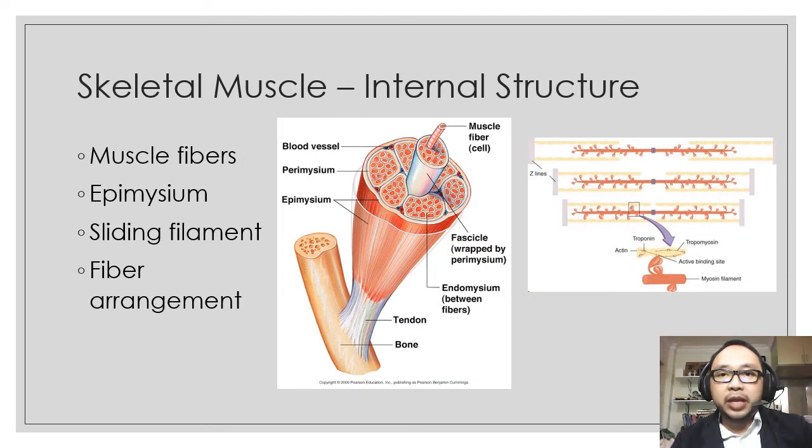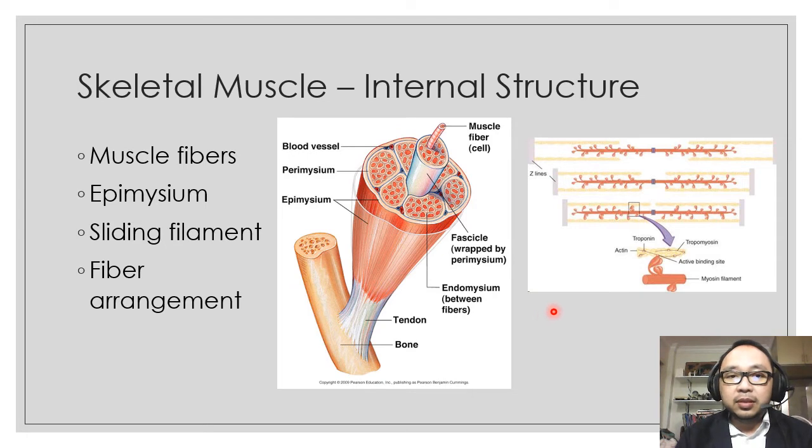When we talk of skeletal muscle, let's discuss the internal structures. You have your muscle fibers, covered by your endomysium, then your perimysium covering your fascicles, with the epimysium covering the whole muscle, connected to the bone via your tendon.